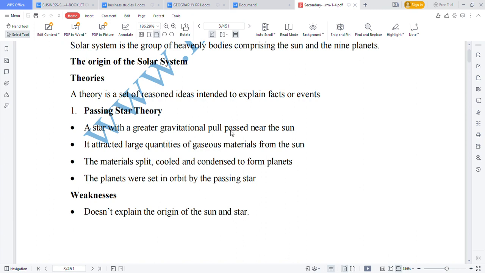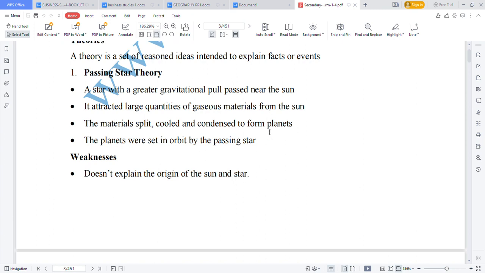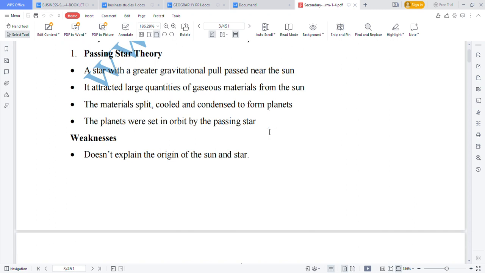What is a theory? A theory is a set of reasoned ideas intended to explain facts or events. You have passing star theory. In passing star theory, a star with a greater gravitational pull passed near the sun.